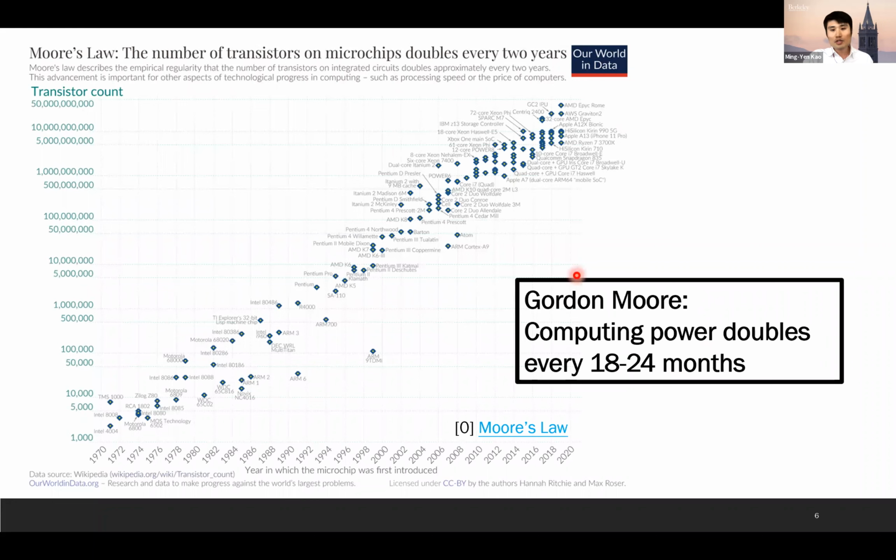Okay, so the quote from Gordon Moore, the founder of Intel, is that computing power will double every 18 to 24 months, and it did happen. If we look at the left-hand side figure, the y-axis is the transistor count in log scale, and the x-axis is the years.